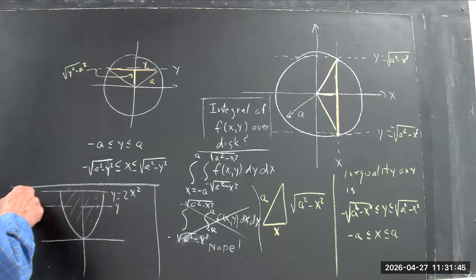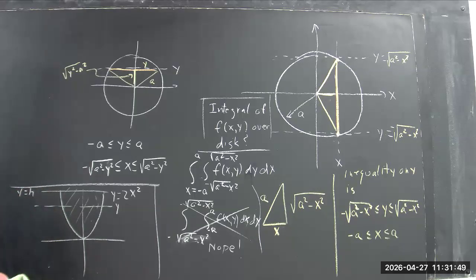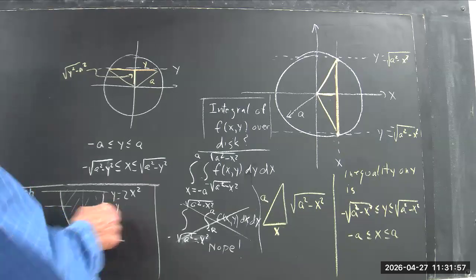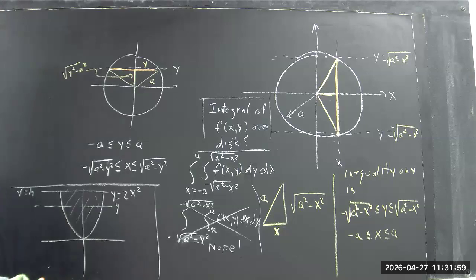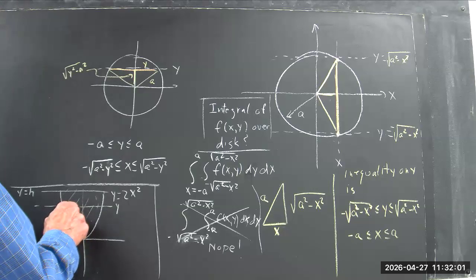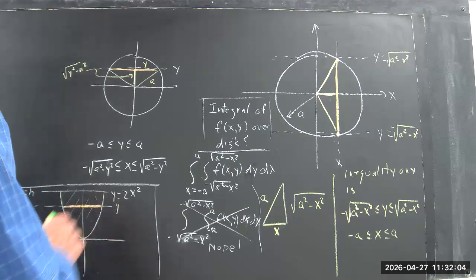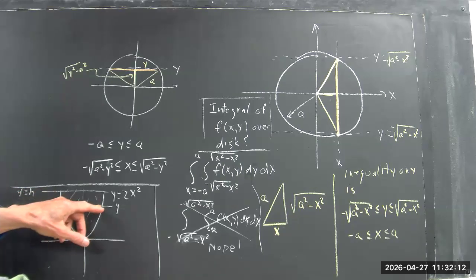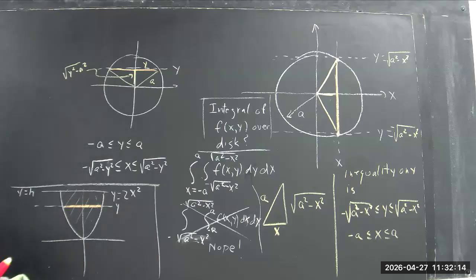Let's just say here y equals h up at the top. So we want to find the area within this parabola. If you have a value of y, then what are the limits on this line segment? What are the x coordinates of this point and this point? Stop and do that.